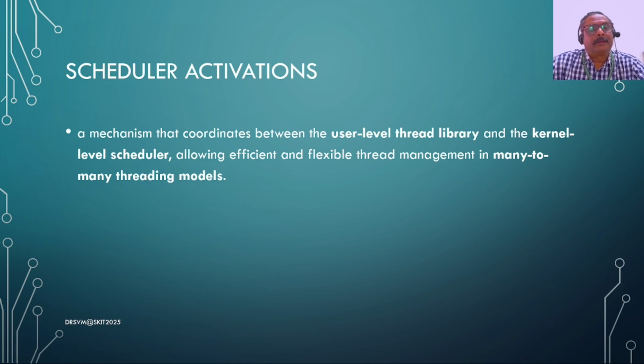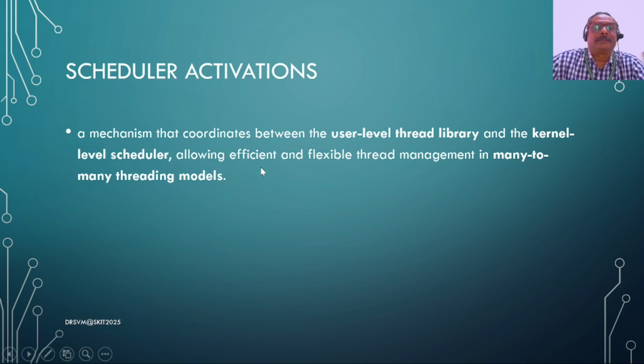There are some threads at the user level and some threads at the kernel level in the many-to-many multi-threading model, and a mechanism is required for scheduling which user thread should use which kernel thread, to make sure that it is efficient and flexible.